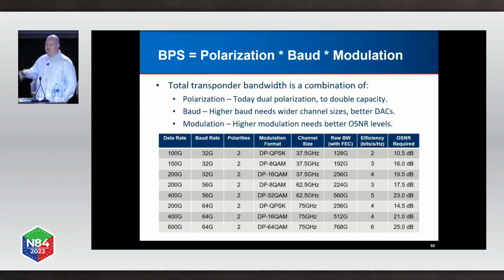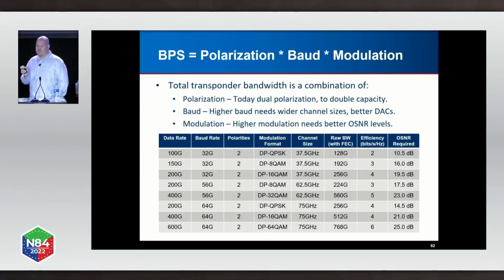And then as you want to do more and more, okay, how do I get to 200? I have a choice. I can move to 16 QAM in 32 gigabaud, or I can move to 56 gigabaud in 8 QAM. They both give me the same amount of bandwidth.